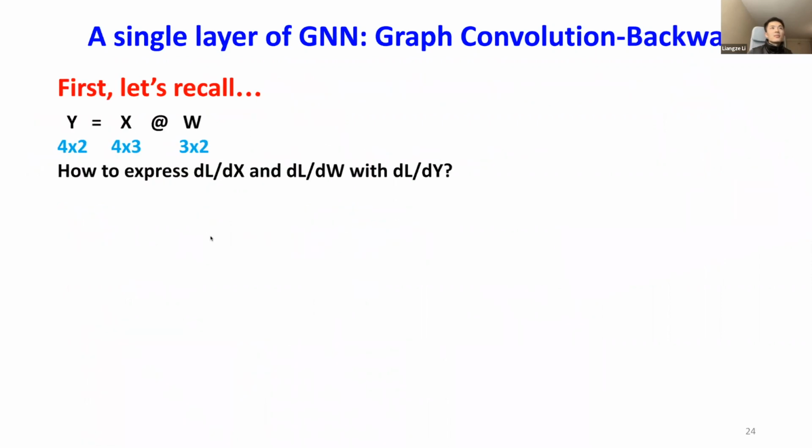So that's the forward equation for graph convolution network, or GCN. And then we can think about what is the backward pass, right? In order for us to devise equations for the backward pass for GCN, let's first recall some mathematical background, let's warm up.